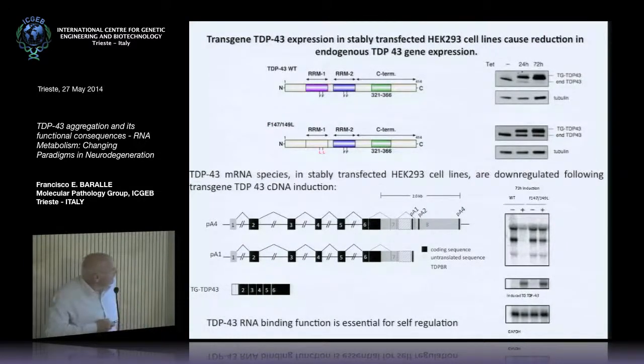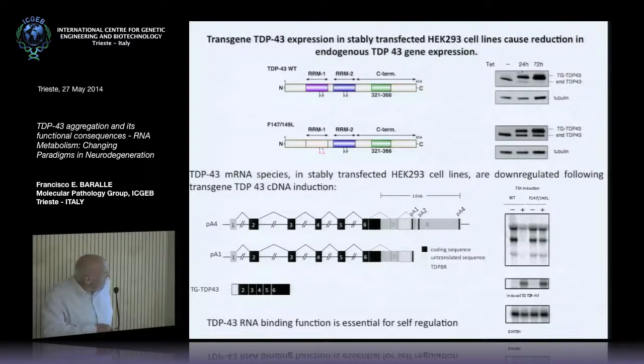It's quite dramatic. You can see here, 24 or 72 hours after induction of the transgene expression, the endogenous protein disappears. If the transgene is an RNA binding mutant, then there is no autoregulation. TDP-43 has two messenger RNAs, a short one, 2.8, and a long one, 4.2.